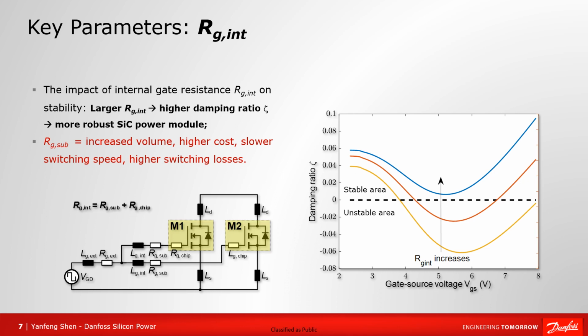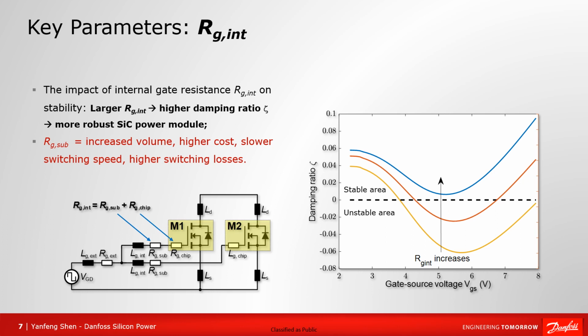Now let's take a look at how module parameters affect the stability performance of silicon carbide power modules. One of the most important parameters is the internal gate resistance RG-int, which consists of the internal chip gate resistance RG chip and the substrate gate resistance RG sub, as shown in the figure at the bottom left.